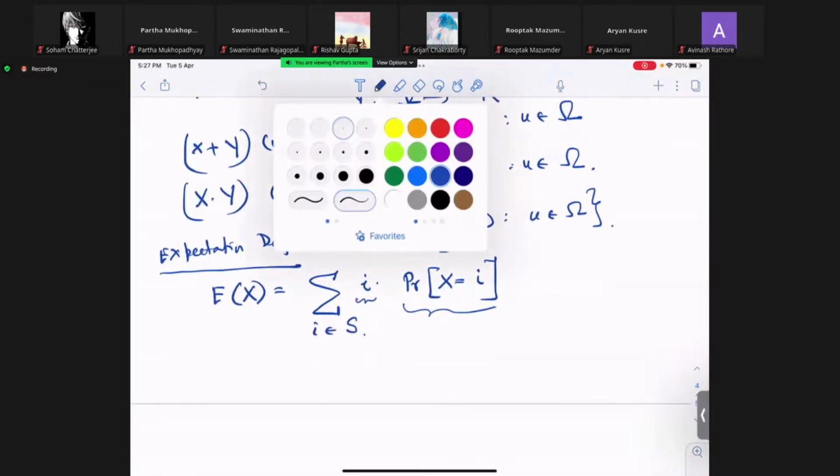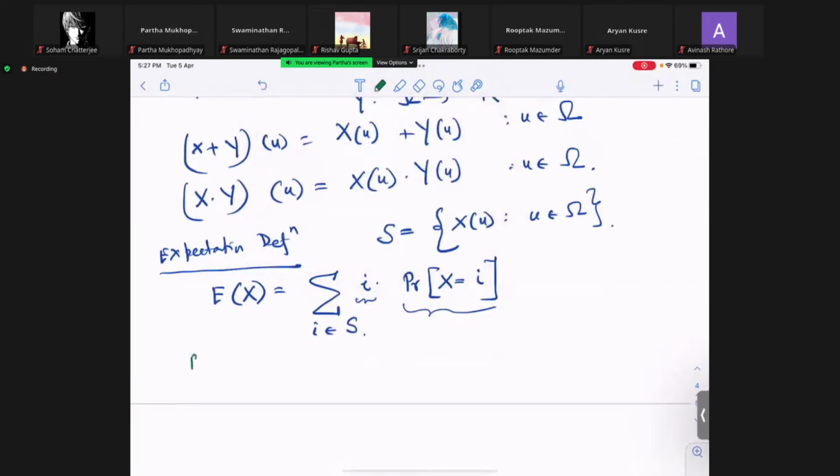Let me just write one useful form. What is the probability of X equal to i? That's really the cardinality of the set of u in the sample space such that X(u) equals i, divided by the size of the sample space.